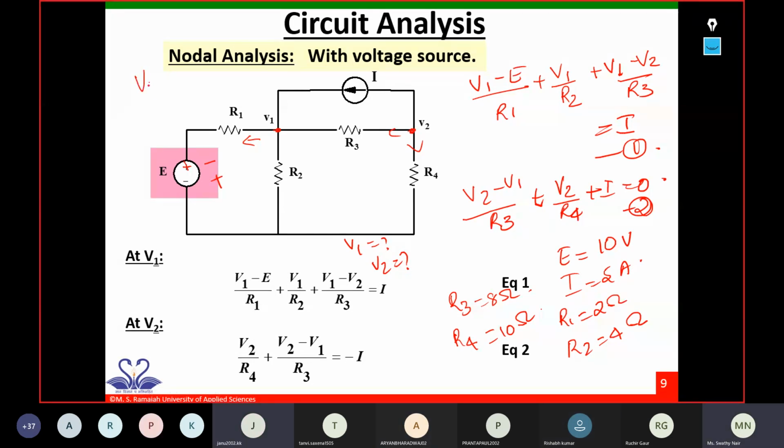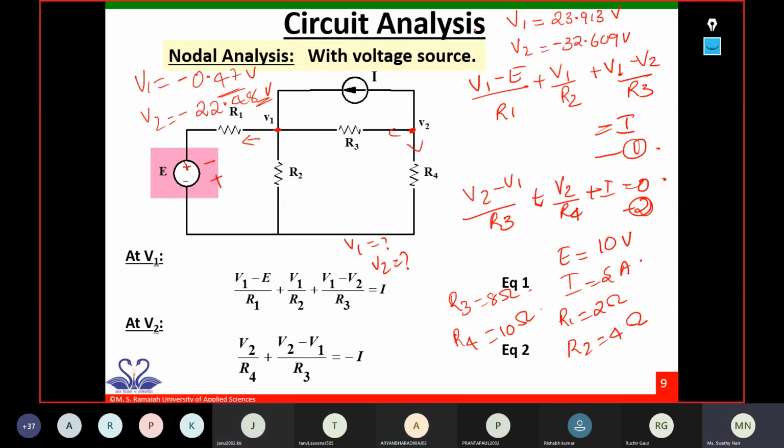V1 equals minus 0.47 volts and V2 is minus 22.48. Did all of you get this one? Ma'am, I got a different answer. What did you get? V1 is equal to 23.913 volts and V2 is equal to minus 32.609 volts.